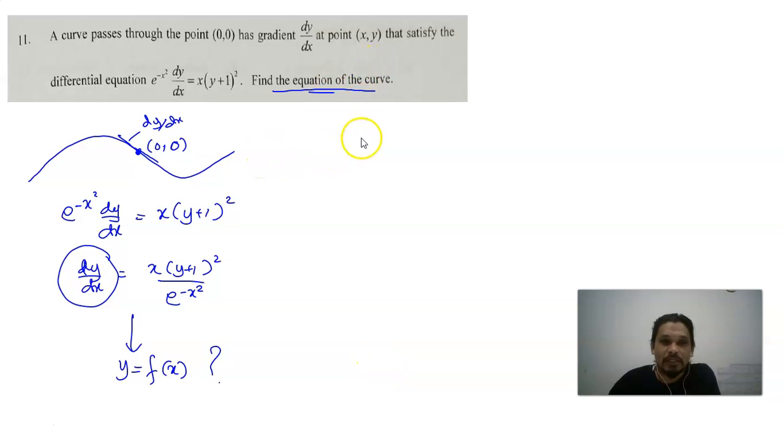From the equation given, e to the power of negative x squared dy/dx equal to x times (y plus 1) squared. Using separable variables, we multiply by 1 over e to the power of negative x squared, and also divide by (y plus 1) squared on both sides.